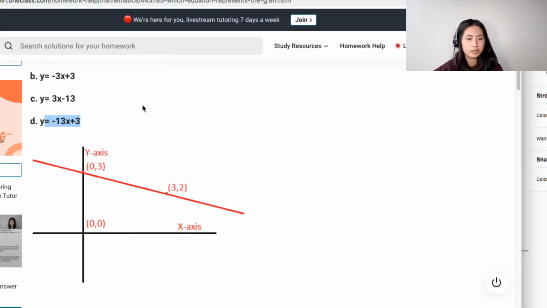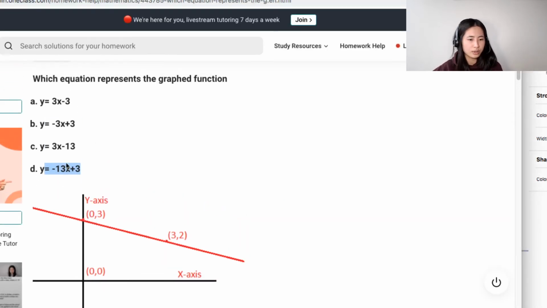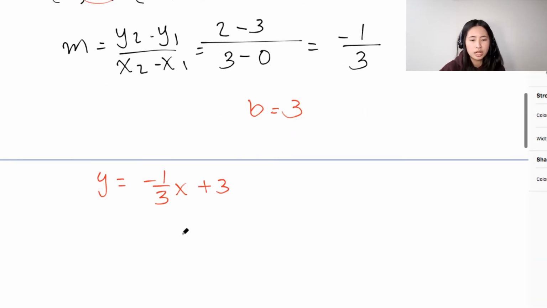Let's go back to this. Everything here is in terms of whole numbers, like B and D, which are the options we're choosing from. There are no fractions in here. So we need to turn this into a whole number equation.